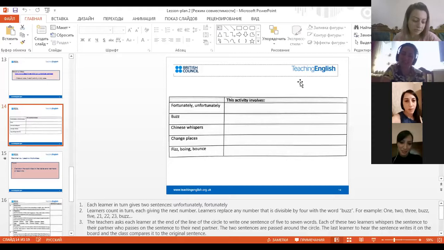And the last one is bang and bounce. Learners pass an invisible ball to their partners, and the partner should pass the ball to the left.